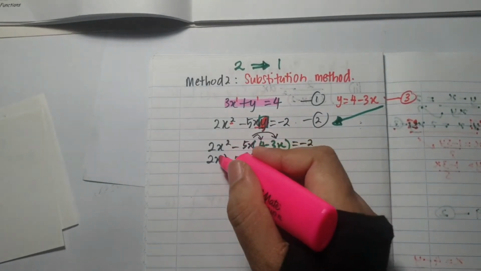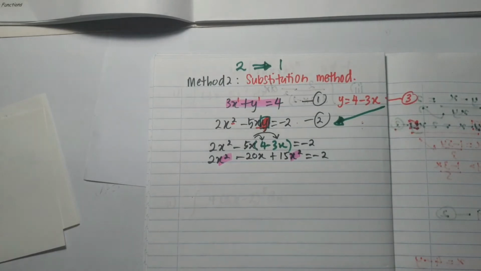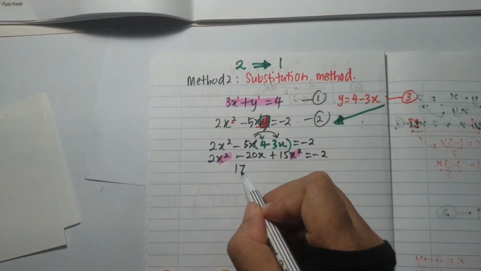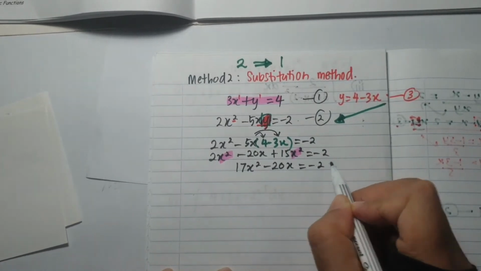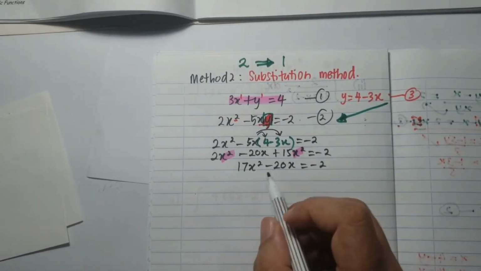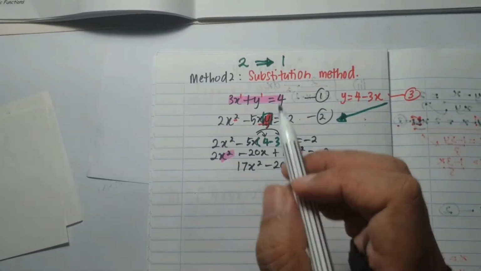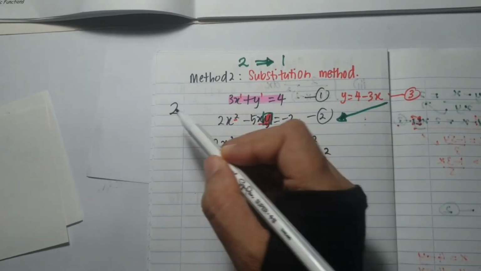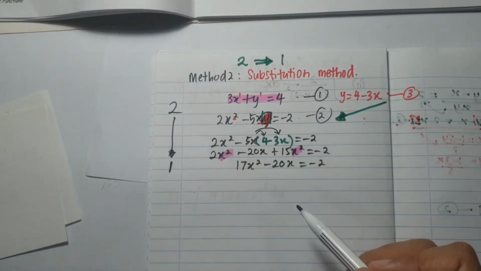Tengok punggung x squared, kepala dia apa? 2 and 15 become 17. Minus 20x equals negative 2. Okay, you can see now consists of x only. Your equation right now is in terms of x only.